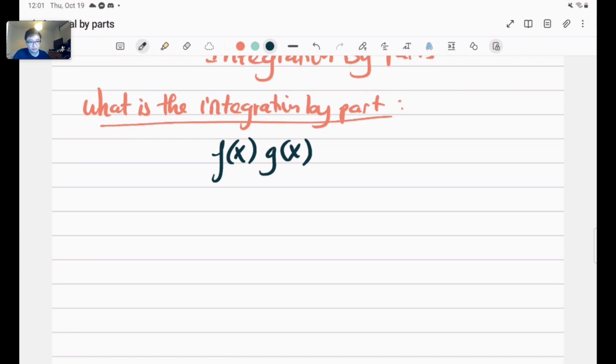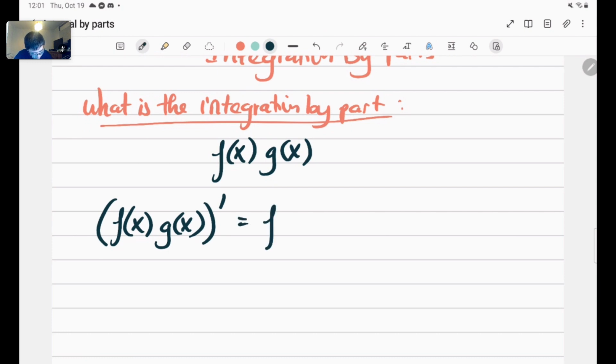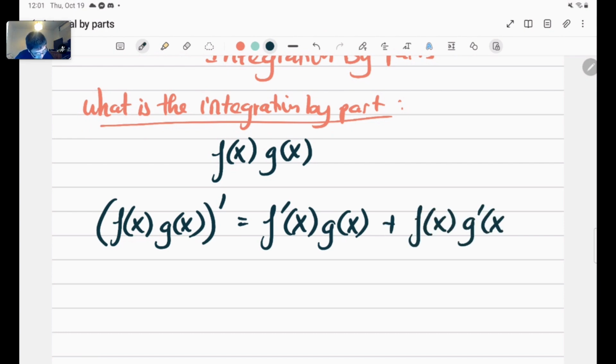So you use the chain rule, right? You differentiate them, so that's equal to f prime times g plus f of x times g prime of x, because that is the chain rule.